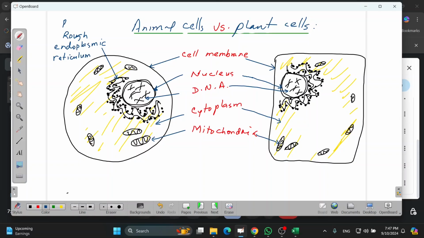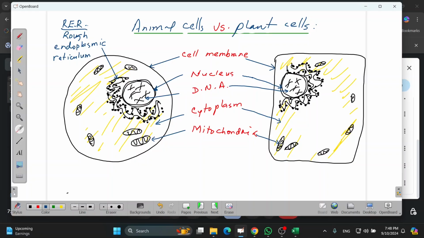R-E-R. That stands for rough endoplasmic reticulum. That is that folded membrane around the nucleus, right? Close to the nucleus.